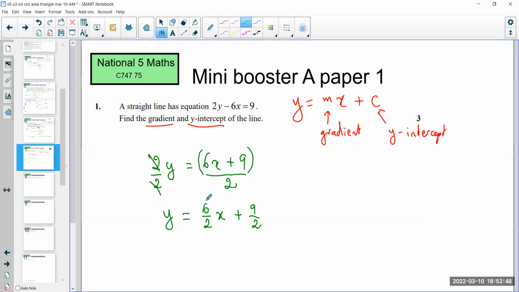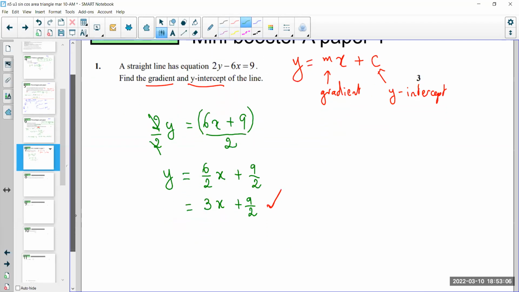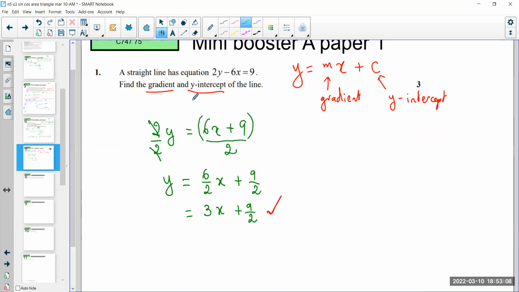So now, what is 6 divided by 2? 3. 3x plus 9 over 2. You can leave it like that. And that is your first mark. Remember, I said 3 marks. Now, to get the second and third marks, we need to state what the gradient is.